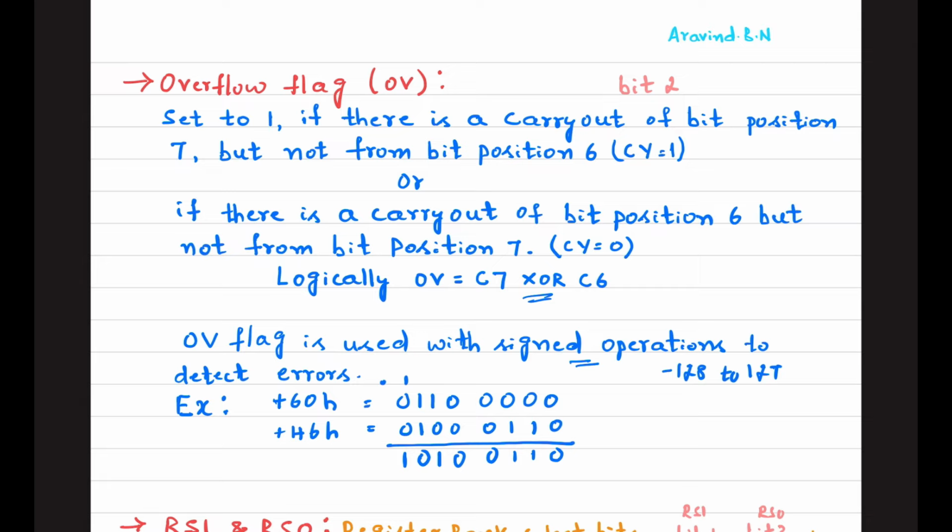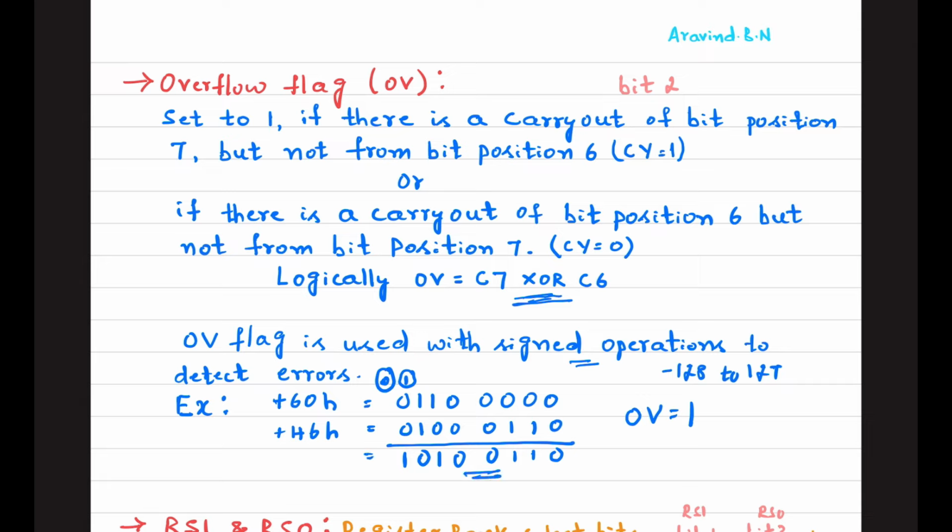Right, now as per the representation we have taken here, in this case this 1 XORed with this value generates the output 1, which is the same as the value of the overflow flag. Right, now what is this value?